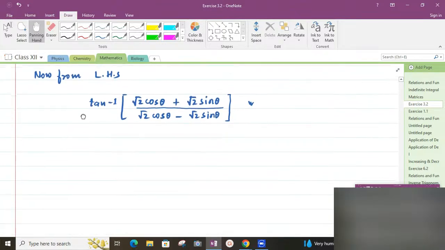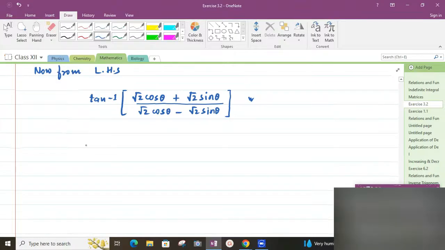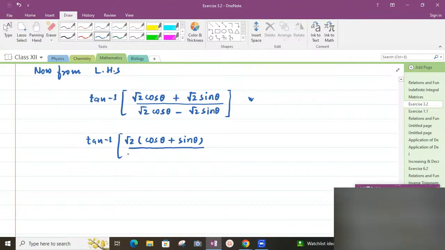Now we take root 2 common, then next step here will be tan inverse, and root 2 here will be cos theta plus sin theta by, we take root 2 common here also, then root 2 cos theta minus sin theta.